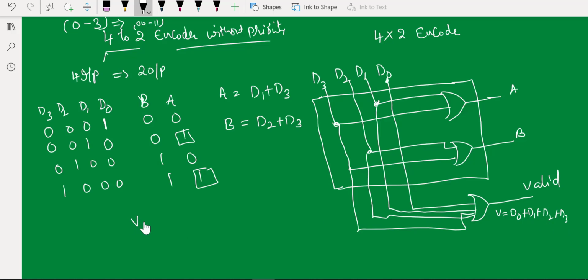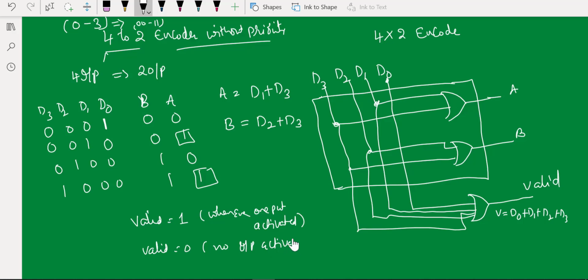Your valid output is 1 whenever one input is activated. Similarly, your valid output will be 0 when no input is activated. So that means with this valid output, you are going to see whether the circuit has a valid input or not.